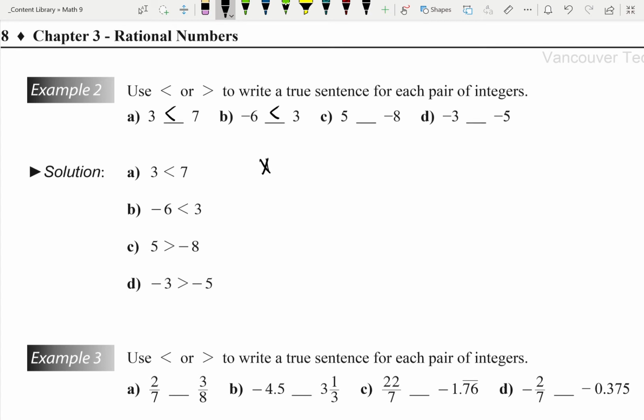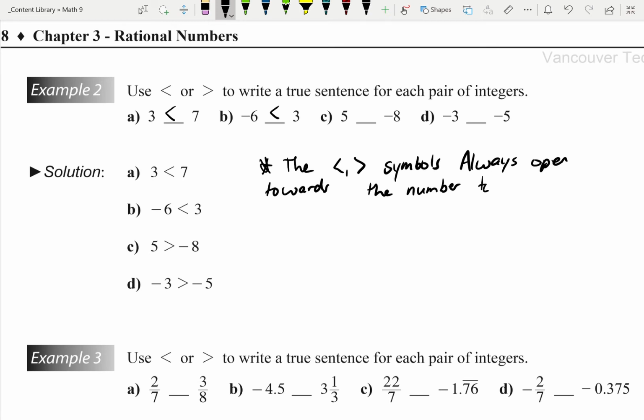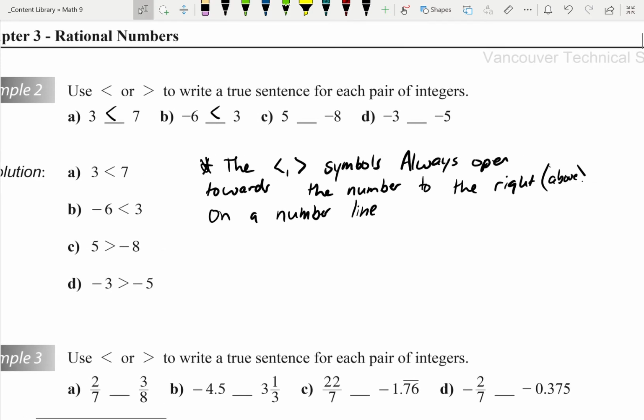The way that I can think about this is that the less than or greater than symbol always opens towards the number on the right, or the one that's above on the number line.